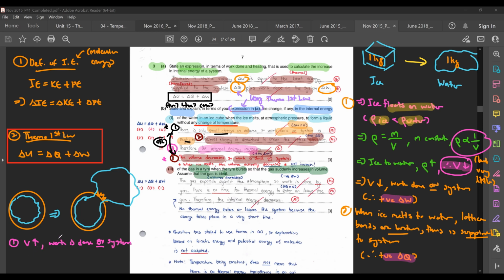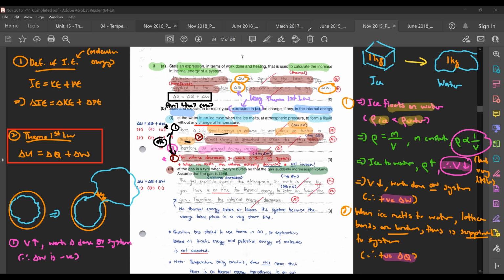So volume increase, work is done by system. Therefore, delta W is negative. Okay, this one I know for sure work done will be negative because I have a volume increase. Okay, then what about the heat supply part?